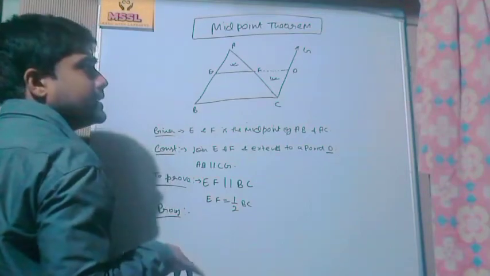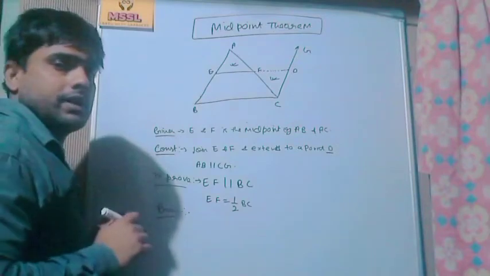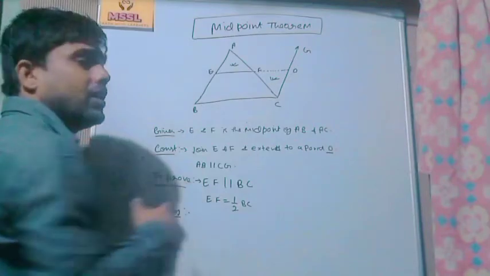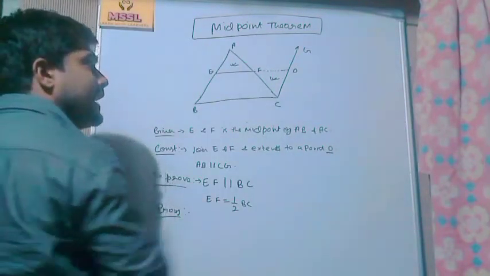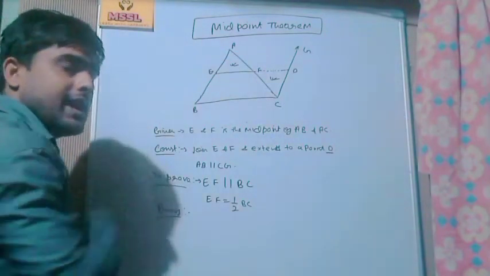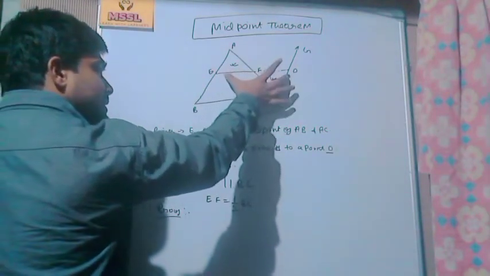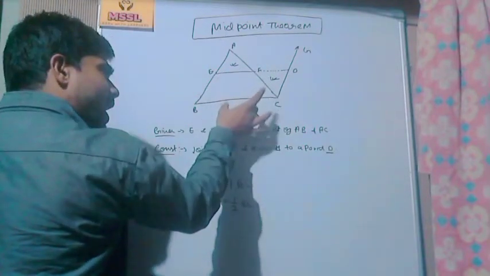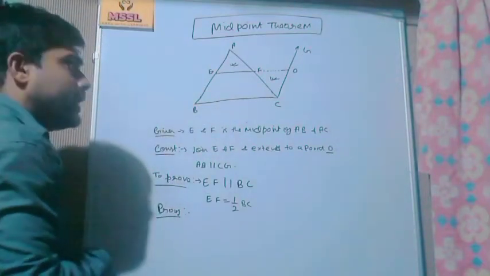Then we will prove whether this side is equal or not. And then we will prove this is a parallelogram. If this is a parallelogram, we can say that this side is equal to this and this side is equal to this. And then in the third step, since this is parallel to this, this must be parallel to this and this must be half of this also. So we'll see how.